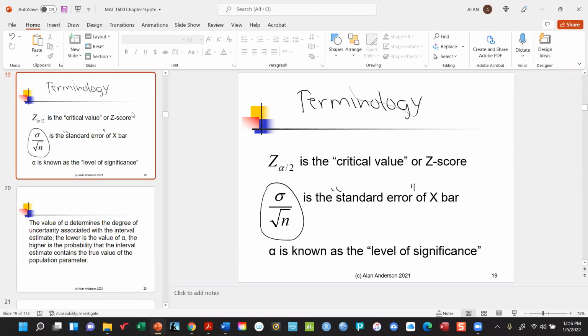Okay, now remember, we saw this in chapter 8. This is the small sample case. But here, that's the only case we'll be using. So that we've seen before. This is known as the standard error of X bar. This is something we haven't done yet, the so-called critical value. And then alpha, which we know reflects the uncertainty in this process, is often called the level of significance.